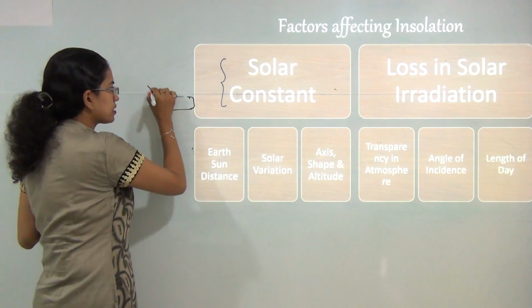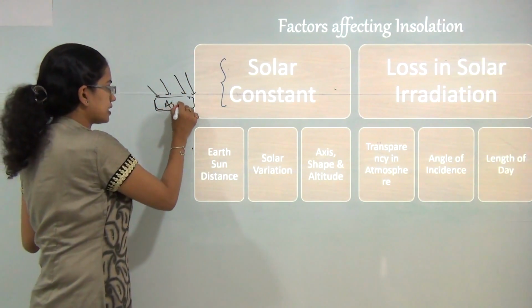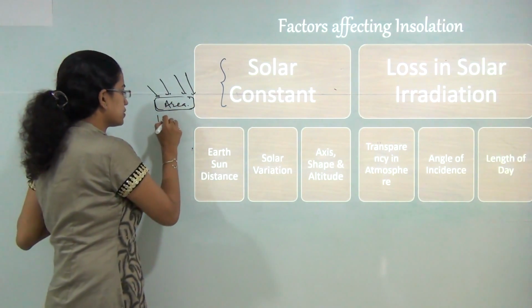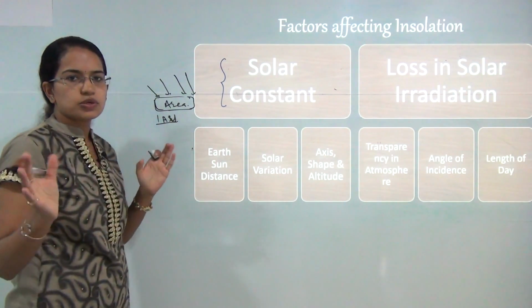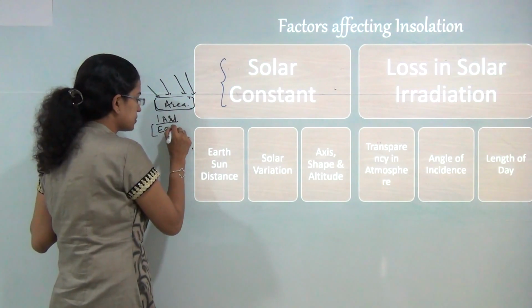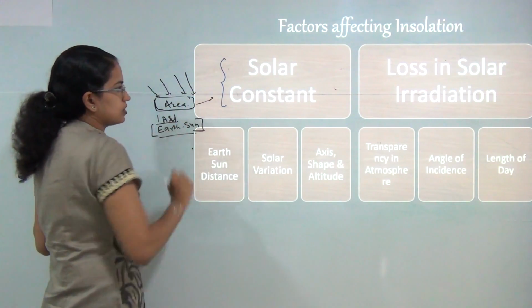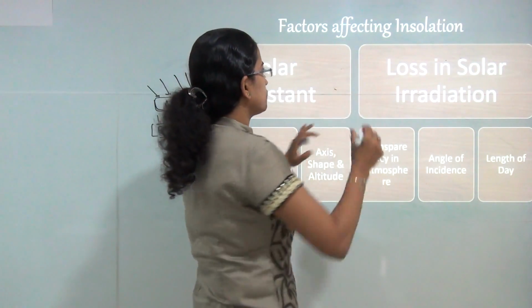It is the mean solar radiation falling into an area demarcated at a distance of 1 astronomical unit from the sun, and this 1 AU is the mean distance between the earth and the sun. This governs the solar constant. Now insolation is primarily governed by these two factors.